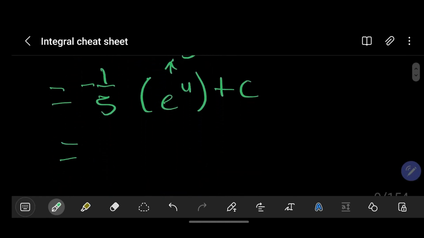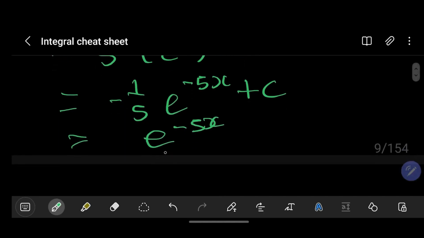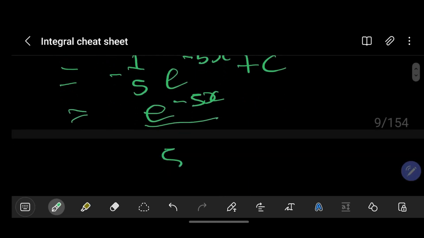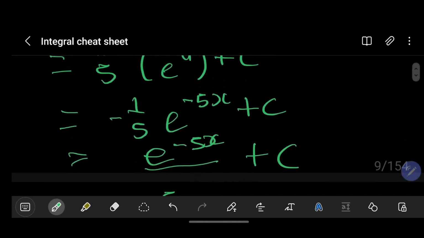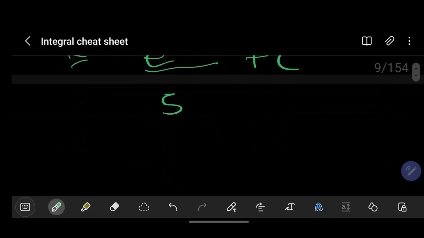If we substitute back, we have minus 1 by 5 times e to the minus 5x plus c. And if we want to show this the way we had our first answer, we can write this as e to the minus 5x over minus 5 plus c. Same thing. So u substitution shows us that solving this is the correct way.